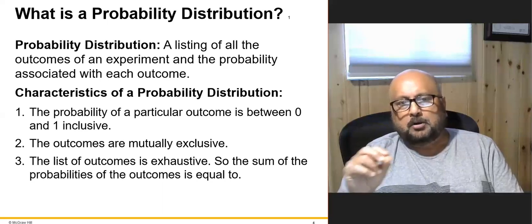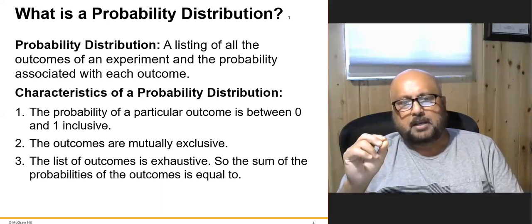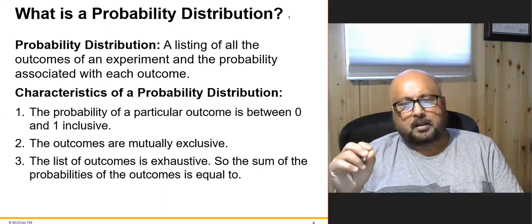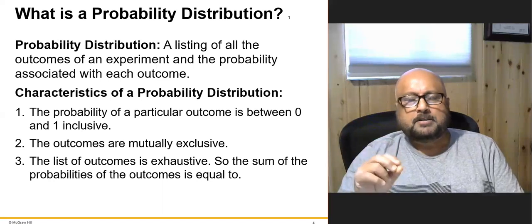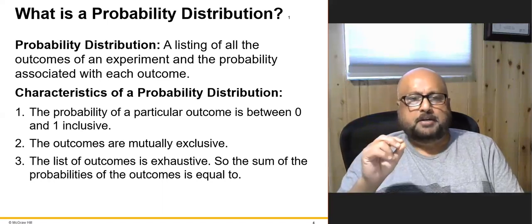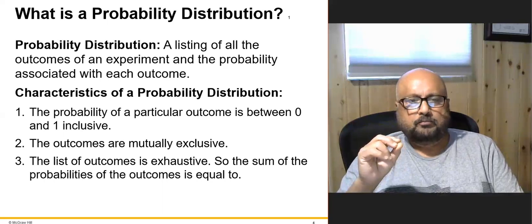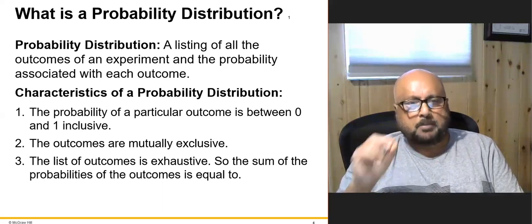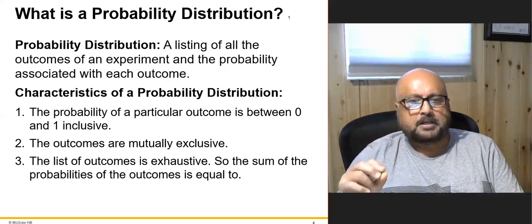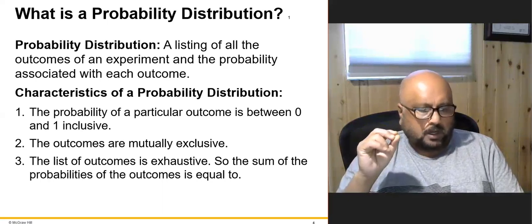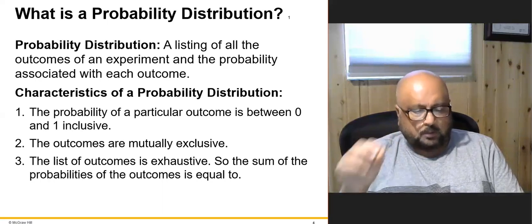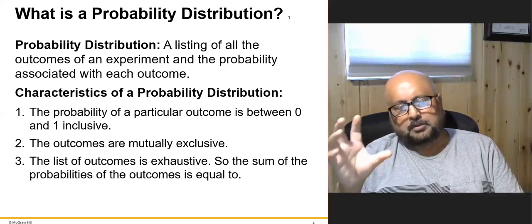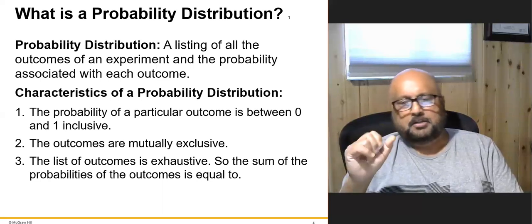Because if you think about this, when we say probability between 0 and 1, 0 means 0%, 1 means 100%. That's why the sum of the probabilities of all the outcomes, when you add them up, must be 100%.